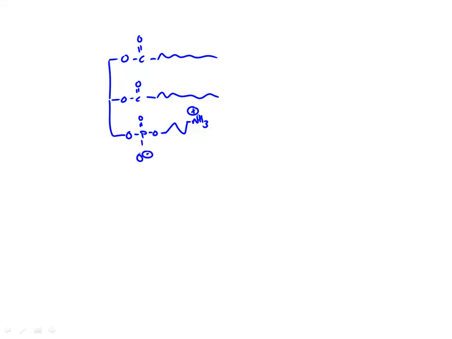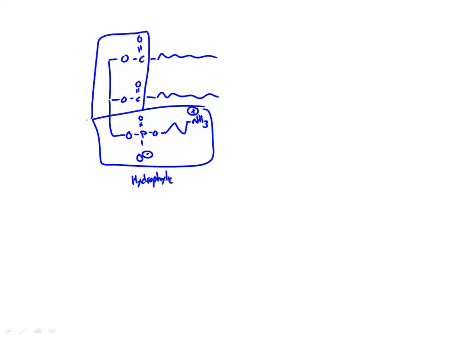Where are the hydrophobic and hydrophilic parts? I'm not going to be picky. If you included that in hydrophilic, that's okay too. Really, an ester group is not terribly hydrophilic. But that PO4 and that NH3 are, and these tails are, of course, the hydrophobic, right?